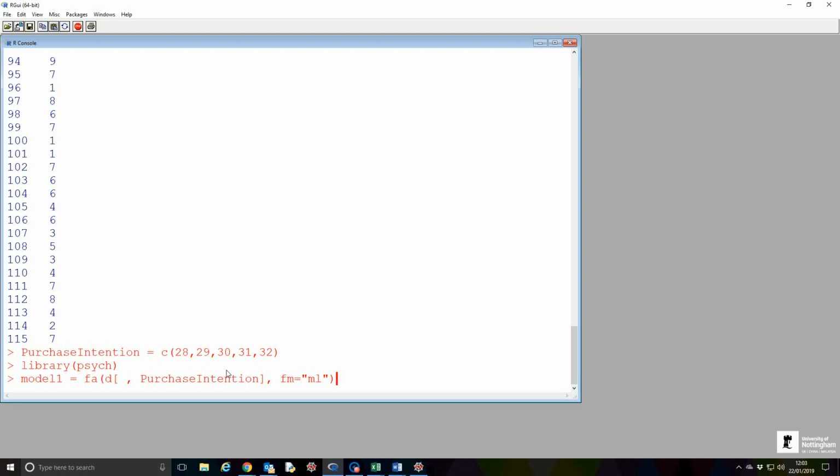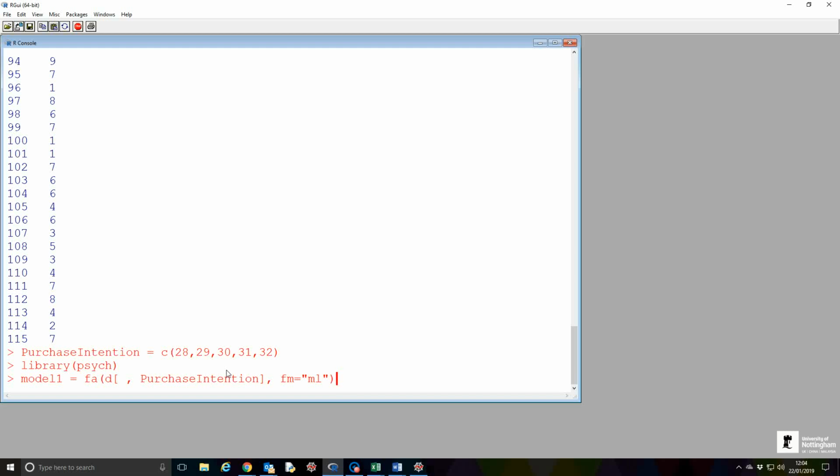And we're using maximum likelihood because, exactly as the name of the method suggests, it tries to maximize the likelihood of the item to belong in the factor that we are trying to create. So we're trying to achieve an optimal outcome in that sense.